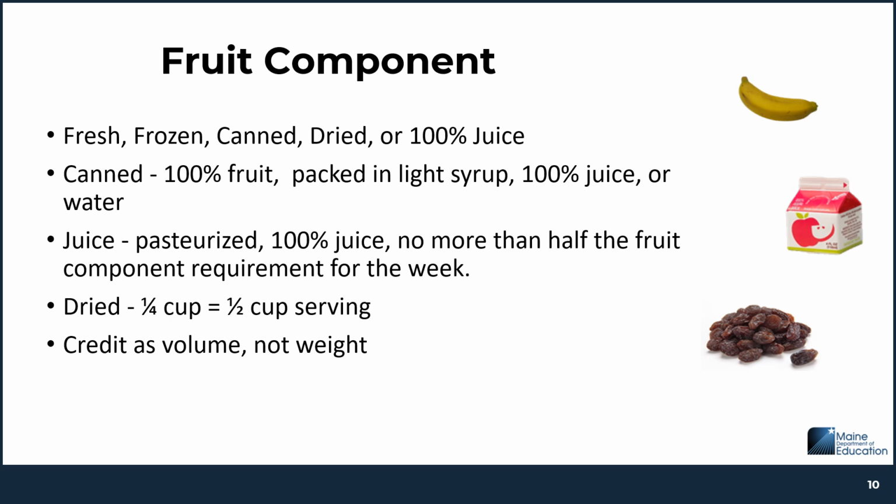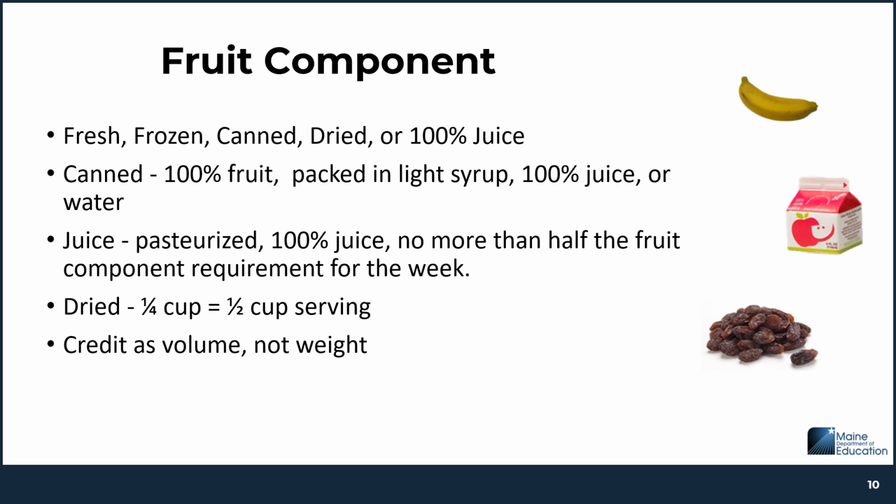The fruit that's offered can be fresh, frozen, canned, dried, or 100% fruit juice. If you're offering canned fruit, it needs to be 100% fruit, packed in light syrup, 100% juice, or water.